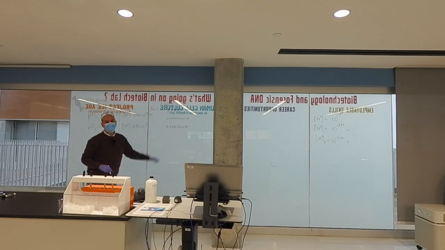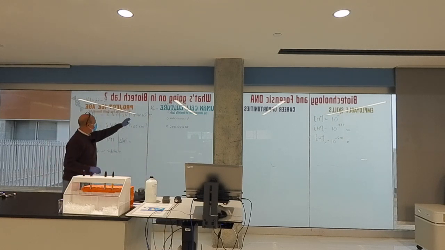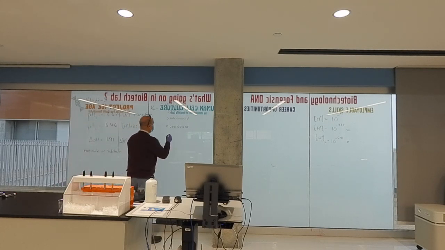Do it in scientific notation, of course, because we want to make sure that we get the same answer. I think it's going to be 5 times 10 to the negative 8.